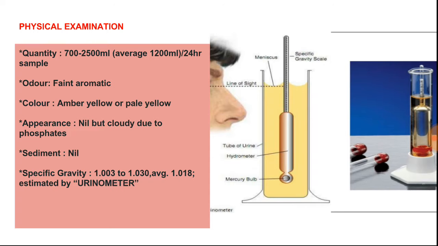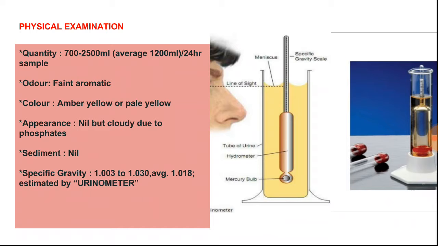Physical examination of the urine. The quantity of urine in a 24-hour sample ranges from 700 to 2500 ml, or average 1200 ml per 24-hour sample. Odor faint aromatic, color amber yellow or pale yellow. Appearance nil generally, but cloudy due to phosphate if present.